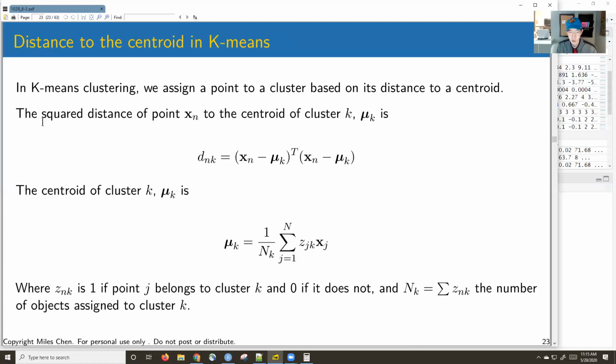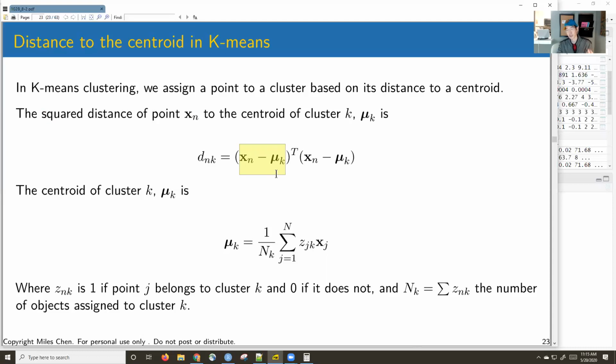So the squared distance to a centroid can be expressed as this, right? We take the current xn value and the centroid mu sub k, and here's the vector xn minus mu sub k. That's the vector that joins these two things. If I dot that with itself, I basically get the squared distance.